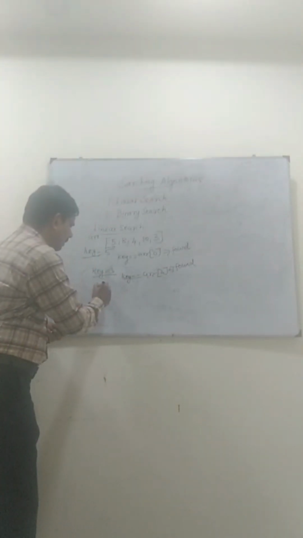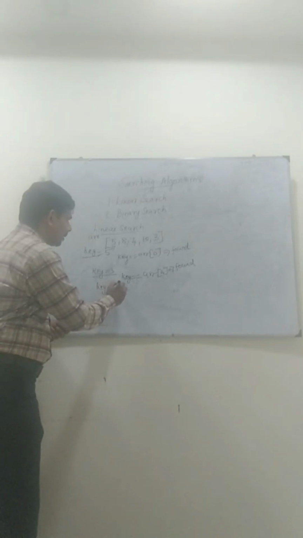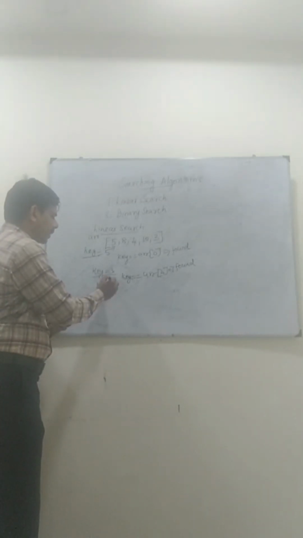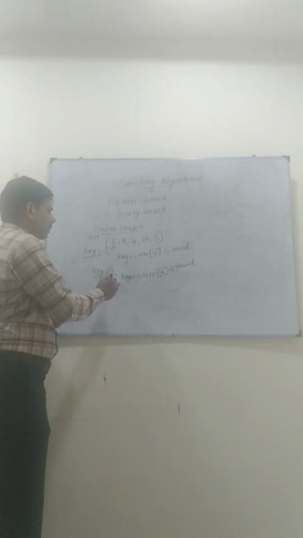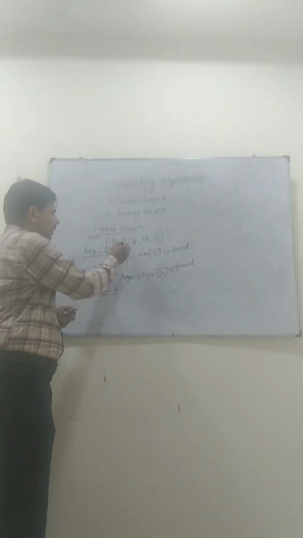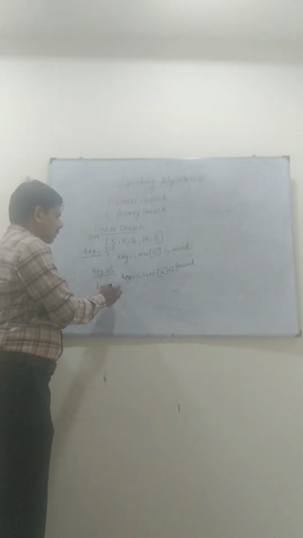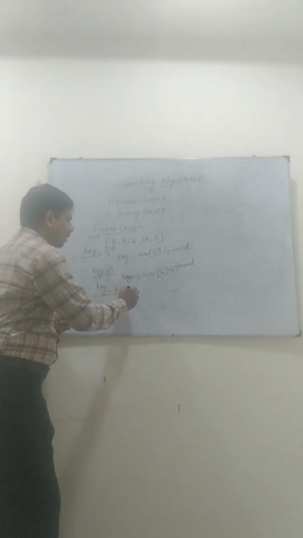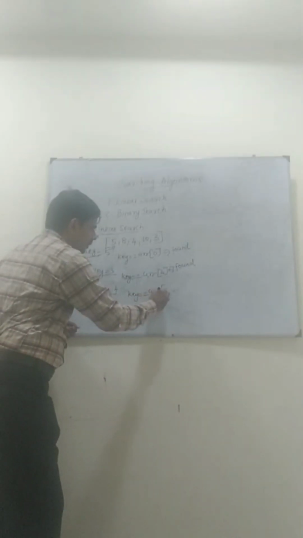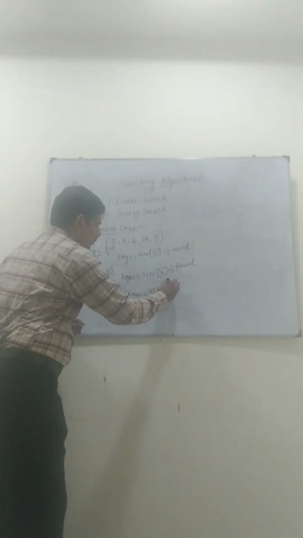Now the next case: the key is 4. I start from the first element, the 0th index. 4 compared with 5, not equal. Then 4 with 8, not equal. Next 4 with 4: key equals array of 2.